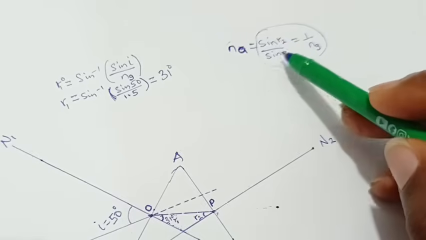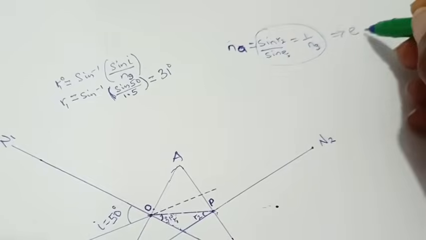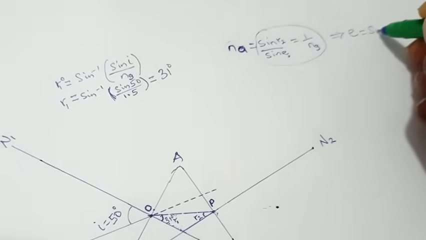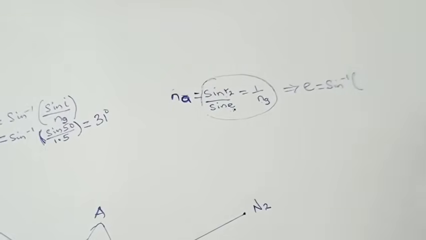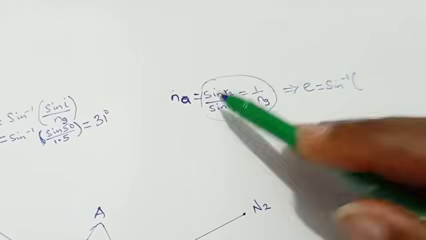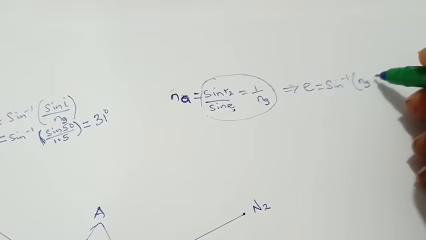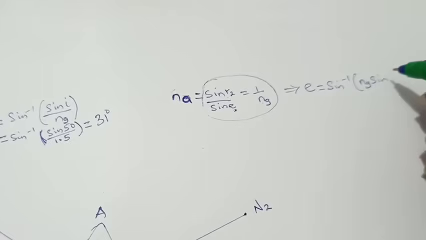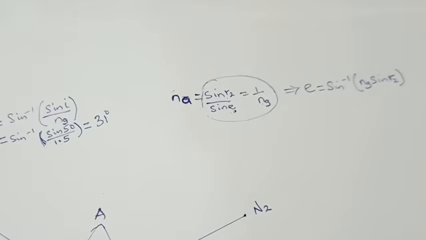Then to get E, you take sine inverse. The emergent angle will now be equal to sine inverse, open bracket, this times this. Refractive index of glass, which we're using 1.54, multiplied by sine R2. So this is the formula.